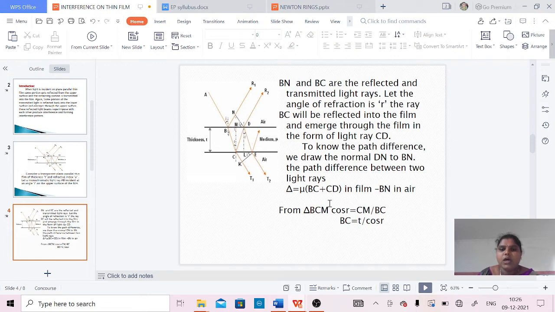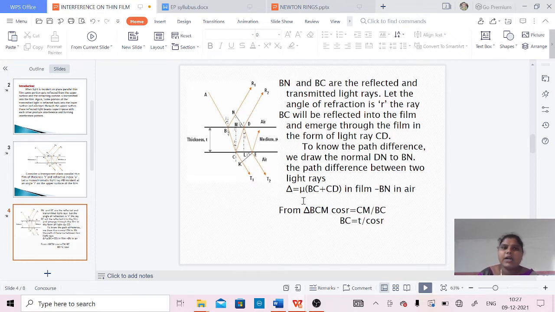Now what is the path difference? The path difference between the two light rays, the two reflected rays R1 and R2, is delta. Delta equals mu into BC plus CD in the film, and BN in the air. That means within the medium. So we are considering two mediums here.